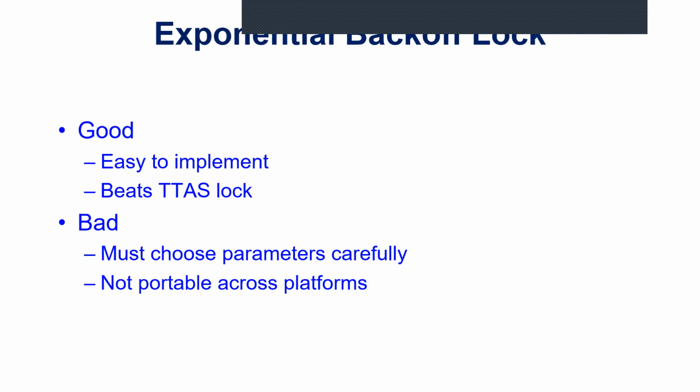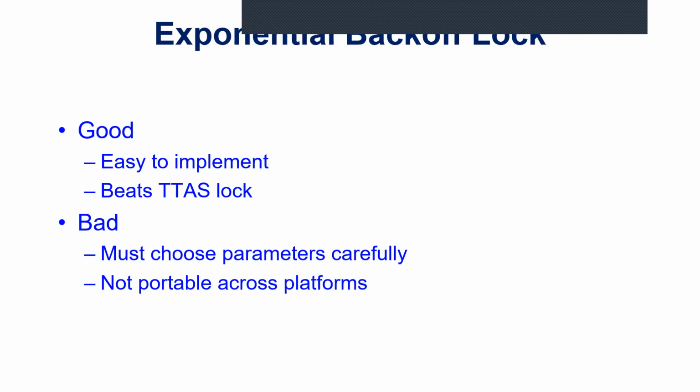So if the parameters are not appropriate, then sometimes it leads to drastic performance changes. And one more thing is that it is not portable across all the platforms. It will support only certain platforms. But if you look at the exponential back-off lock, when compared to the TAS lock, the T-TAS lock improves the contention, like it handles the contention effectively.